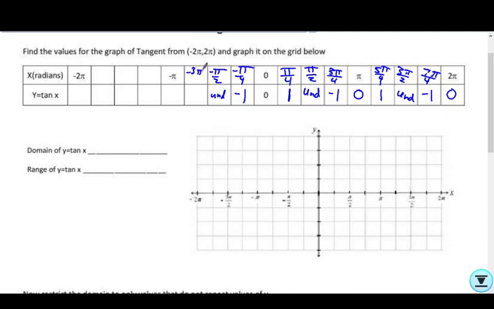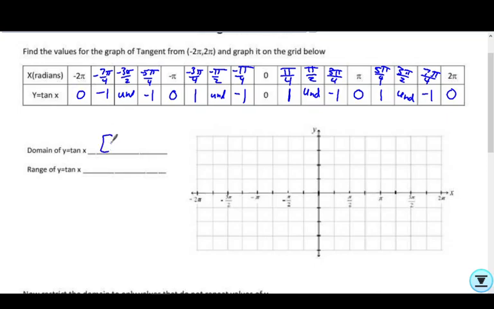Negative 3 pi over 4 is 1. Negative pi is 0. Negative 5 pi over 4 is negative 1. Negative 3 pi over 2 is undefined. Negative 7 pi over 4 is negative 1 and 0.